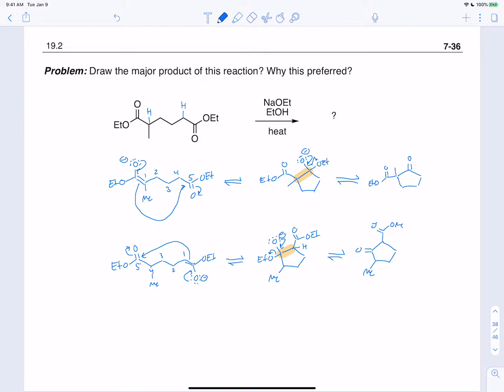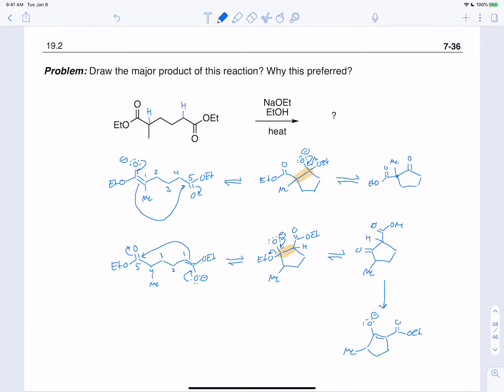But the big difference here between these two compounds is the product of this molecule. We have this methyl that is found between the two carbonyls, whereas here we have a hydrogen between these two carbonyls. So since we're under conditions with sodium ethoxide, this hydrogen will be deprotonated immediately in solution to give us this new enolate that gets stuck and can't react any further.